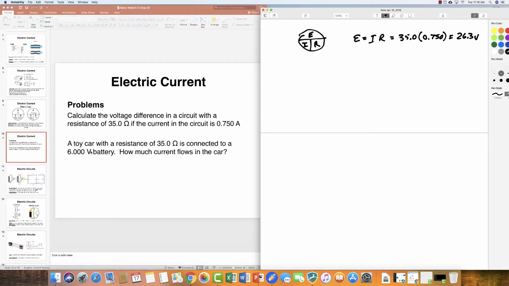Let's take a look at the second one. A toy car with a resistance of 35 ohms is connected to a 12-volt battery. How much current flows in the car? Let's draw a little circle again.